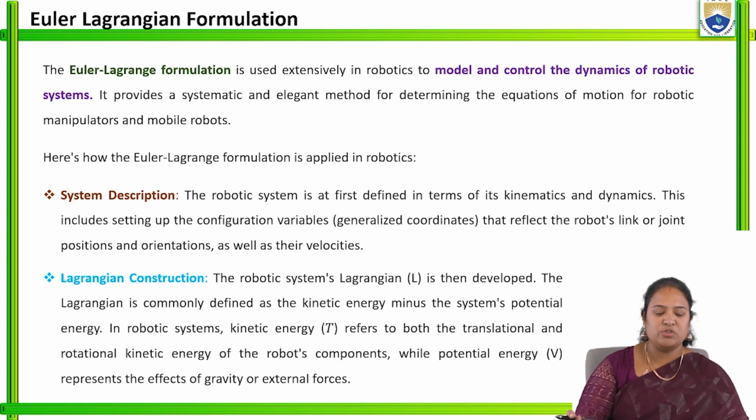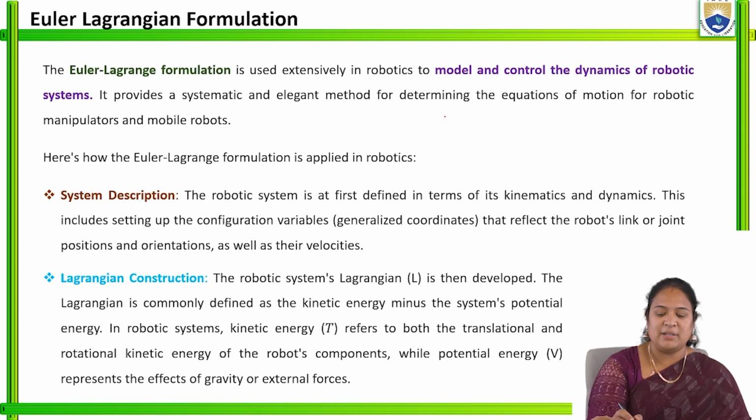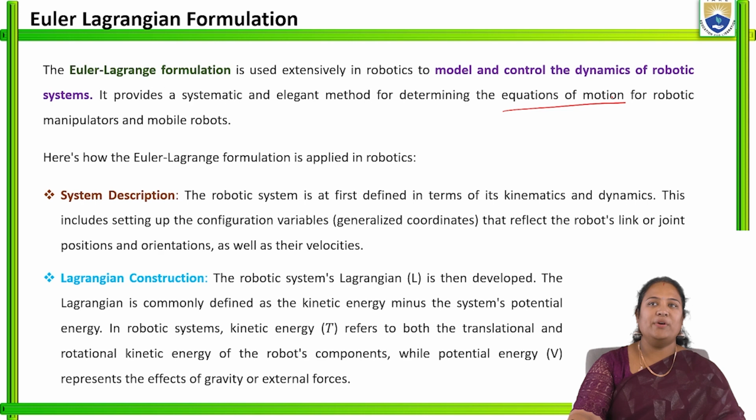That is, it provides a systematic and elegant method for determining the equation of motion. This Euler Lagrangian formulation is used to determine the equation of motion for the manipulators of the robot, or we can use it for mobile robots.